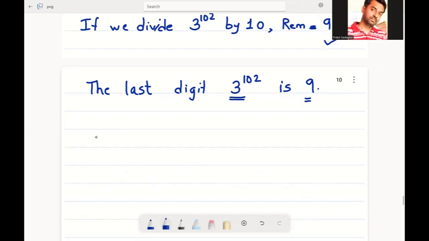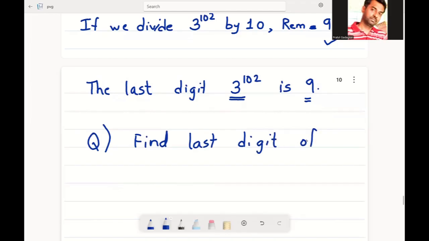So let me take: find the last digit of, let's take 7 raised to 44. Okay, so what is the last digit?